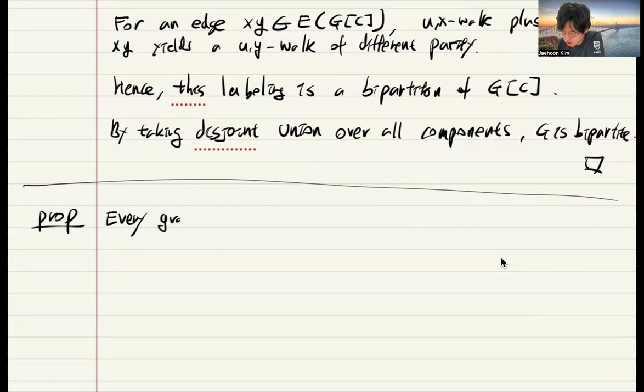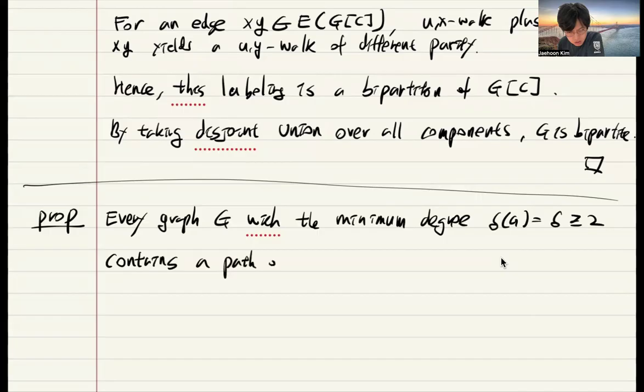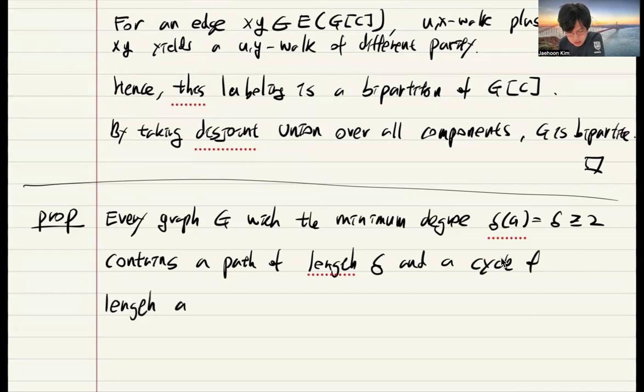So when we have a graph G with minimum degree delta, which is at least 2, then it contains a path of length delta and a cycle of length at least delta plus 1.